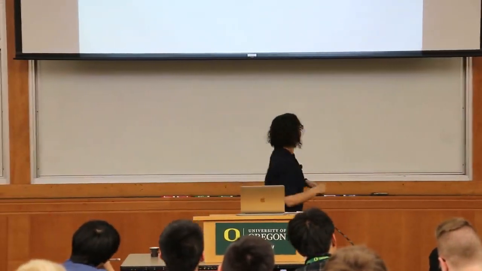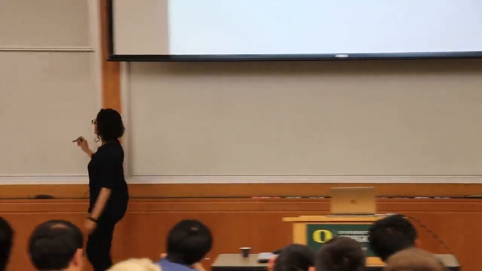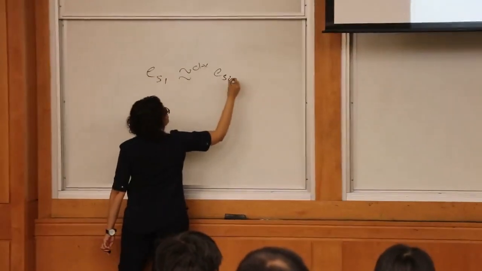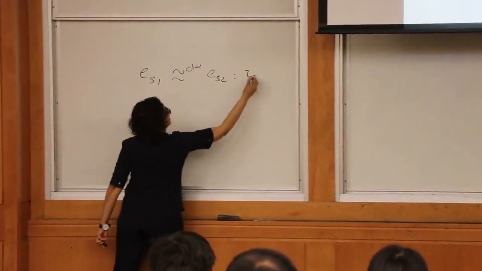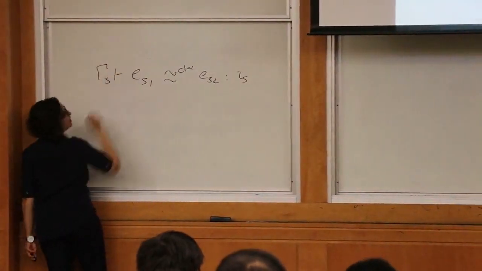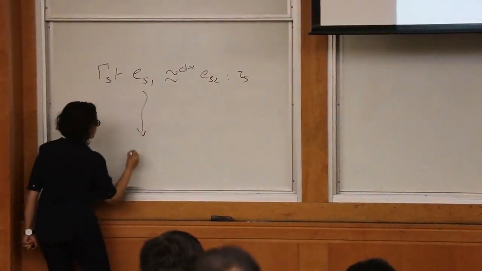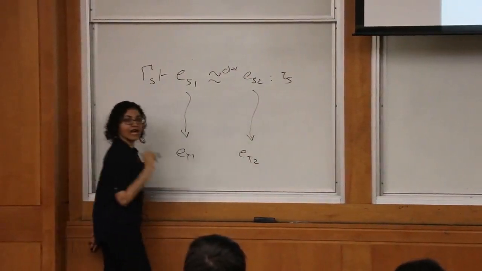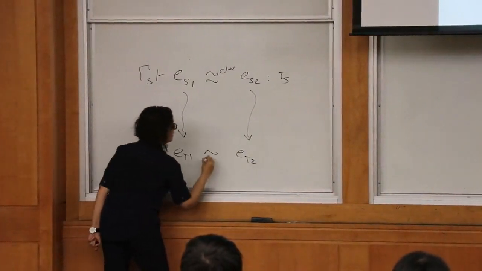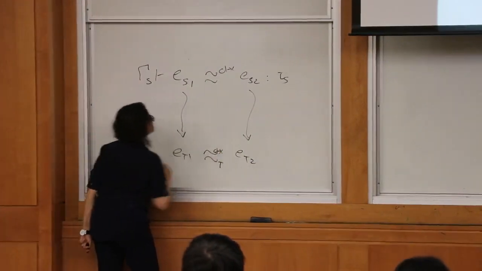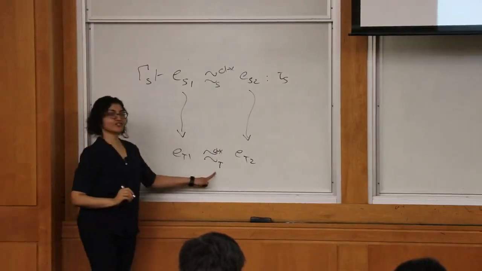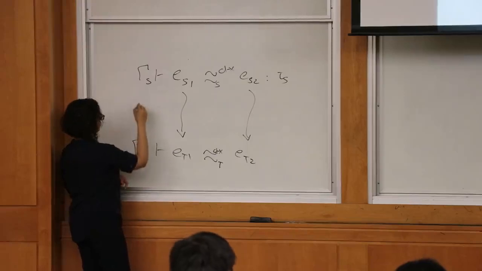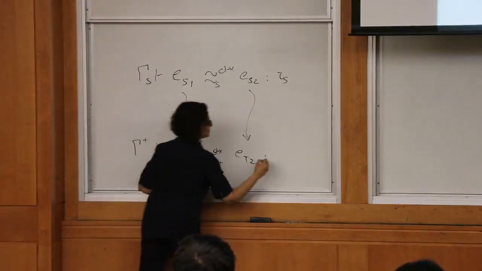In other words, if I have two programs, ES1 and ES2, that are contextually equivalent at a source type in a source environment, then after compilation, if I compile these down to ET1 for target and ET2, after compilation, I want it to be the case that they are contextually equivalent. This is source contextual equivalence. This is target contextual equivalence with appropriate translations here. I'll just write it as plus.